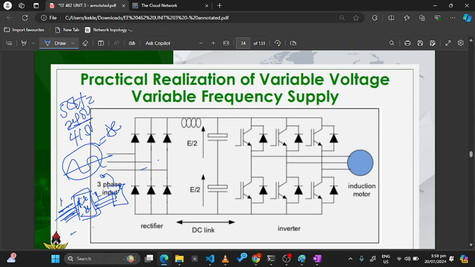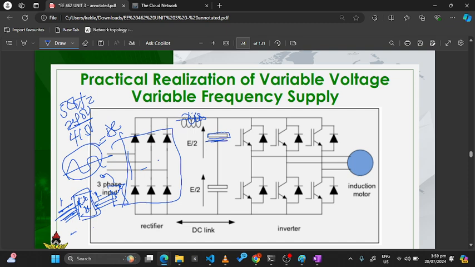Okay, so this is the rectifier part. These are diode rectifiers. Then there's an inductance here. The inductance ensures that the current is smooth, because it won't allow the current passing through it to change instantaneously. Then you have capacitors over here.